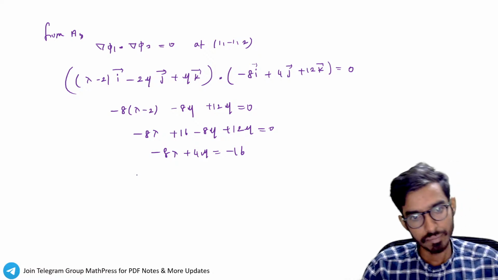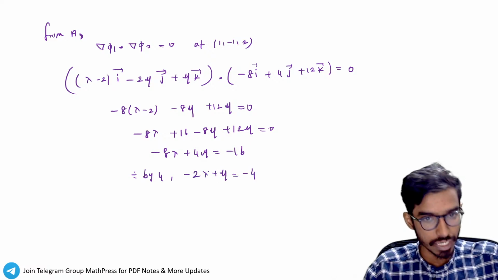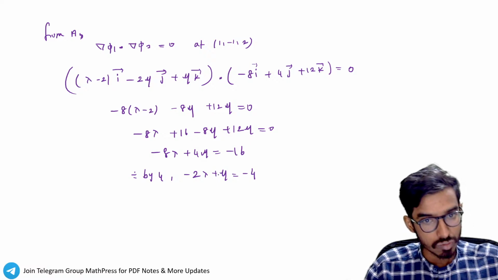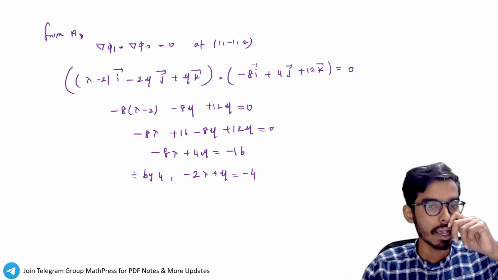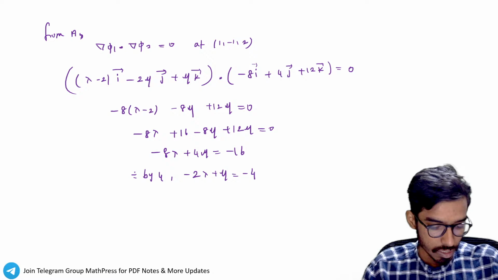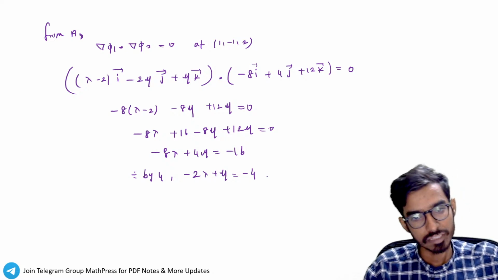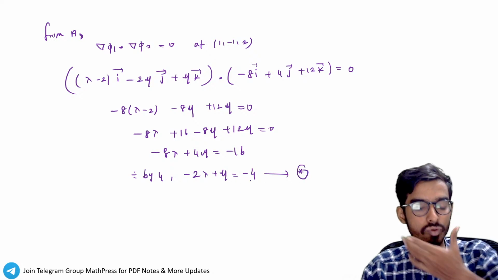If you divide by 4, minus 2 lambda plus mu is equal to minus 4, right? This is the relation between lambda and mu.